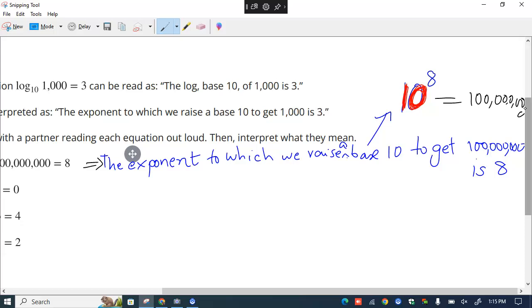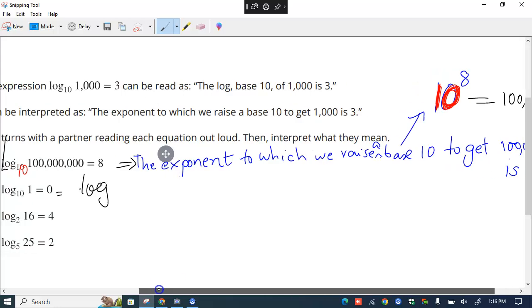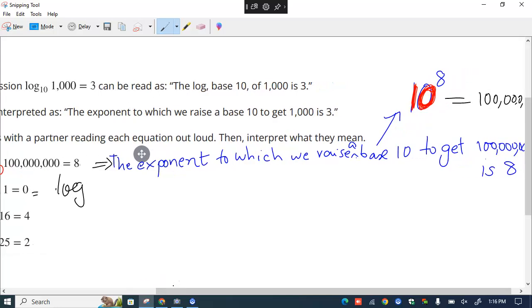Likewise, you're supposed to write the next one. So let's fill it up. The next one is log of 1. They give you log base 10.